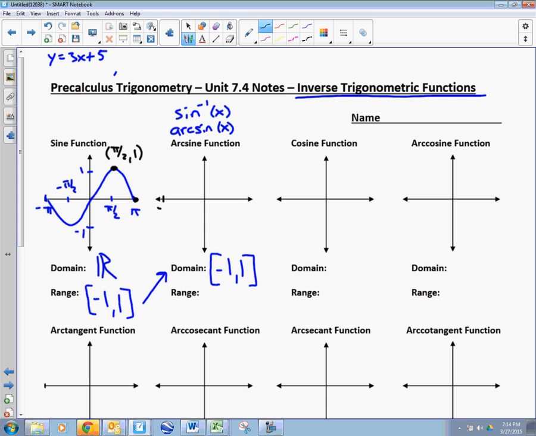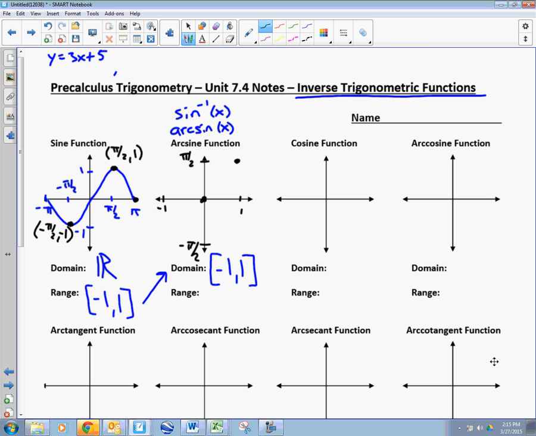So the domain will go from negative 1 to positive 1. Looks like we have a value of pi over 2. We can assume we would probably have a negative pi over 2 there as well. So 1, pi over 2 is the coordinate. Here, sine has a value of 0. Sine of 0 is 0. So therefore, arc sine will go through 0, 0. This coordinate down here is negative pi over 2, negative 1.